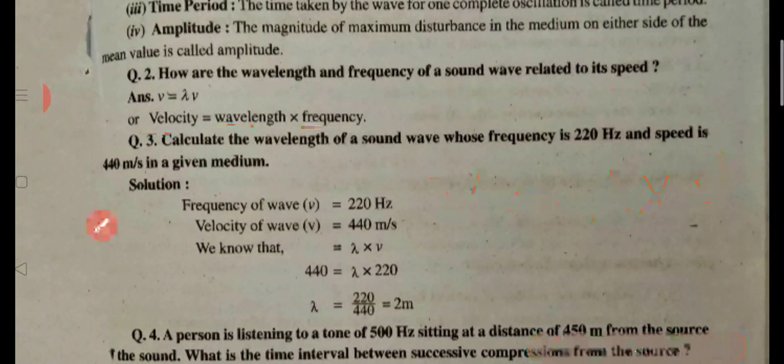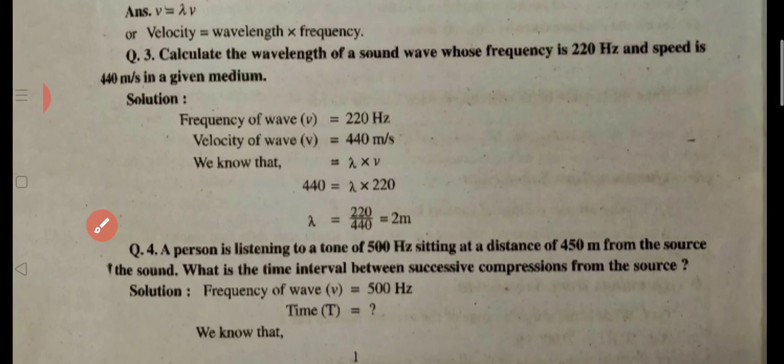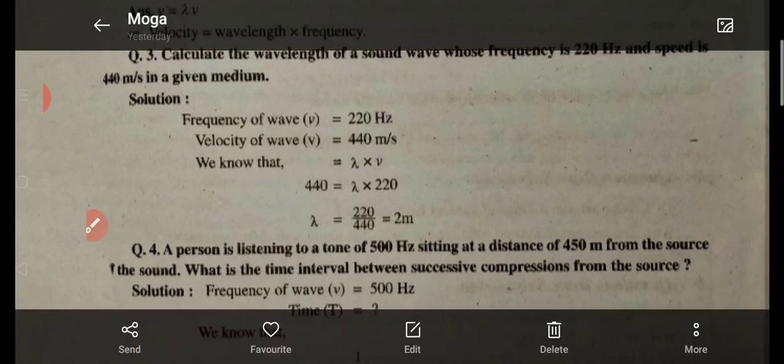Next, calculate the wavelength of a sound wave whose frequency is 220 Hz and speed is 440 meter per second in a given medium.